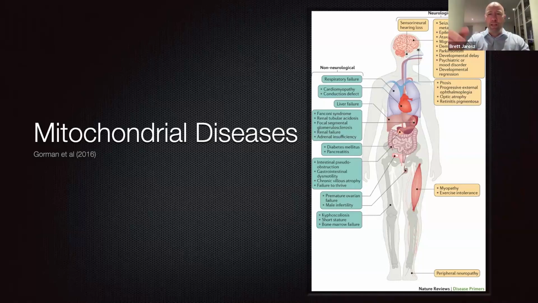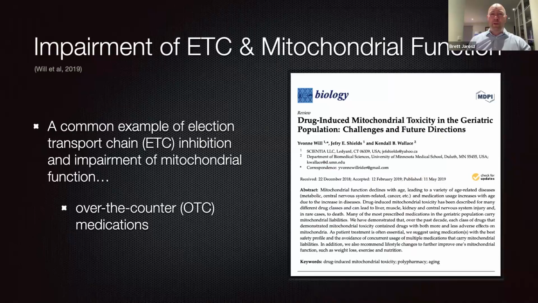And we've got a whole other list of different mitochondrial dysfunctions listed in that particular Nature Reviews article. And again, all these references are there for you guys, and all the references are in the final slides at the end of the presentation. So you can go and have a look at these for further input. But where we get really interesting, so the impairment of the electron transport chain and mitochondrial function.